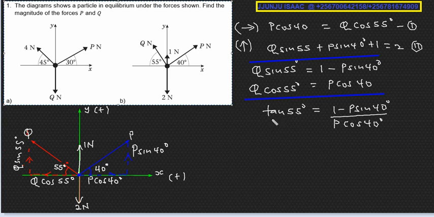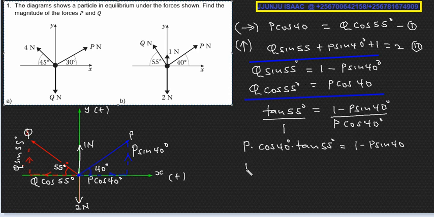As you can see, we are left with only P, which we can solve. Before pressing the calculator, let us cross multiply. We make P the subject. So we shall have P times cos 40 times tan 55 equal to 1 minus P sine 40. I'm going to bring this on this side.